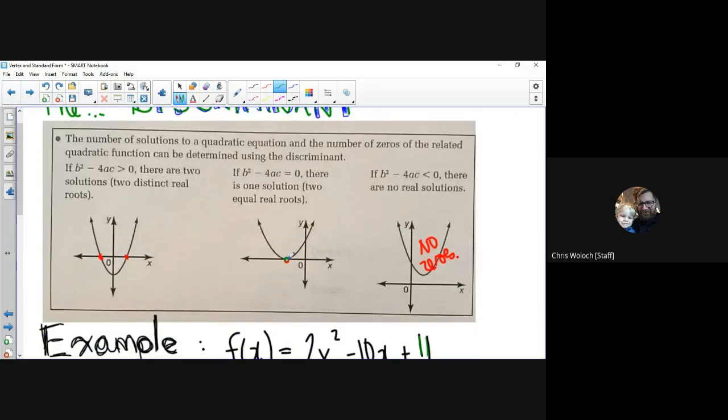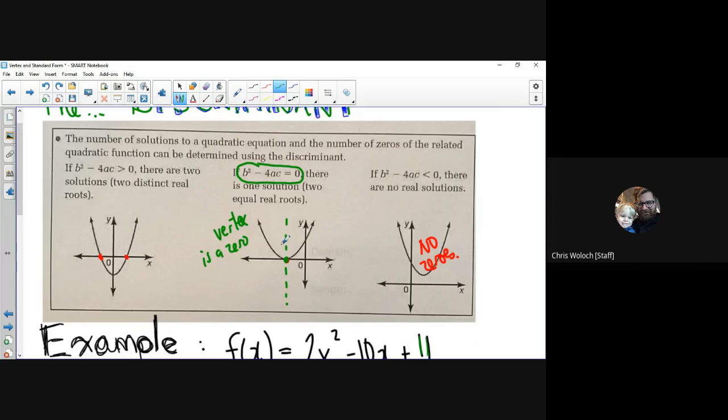So if you look at this one, my vertex is a 0. You know what I'm saying? So when the discriminant equals 0, then not only does the parabola only have one 0, but the 0 is actually the vertex.